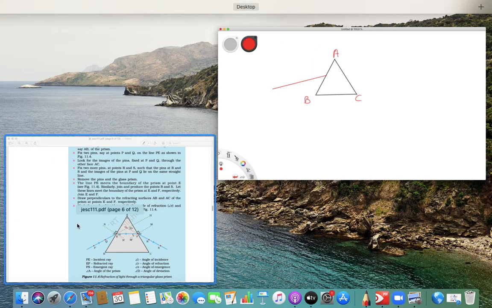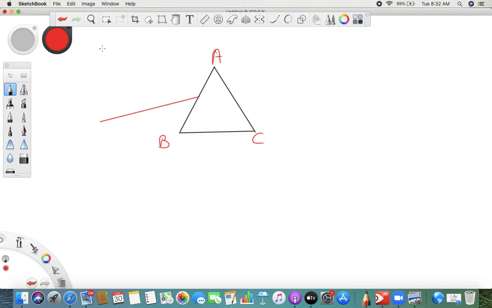We name the incident light as PQ. Fine. Now, at what angle is the light incident? In order to understand that, this is not the angle of incidence, okay?